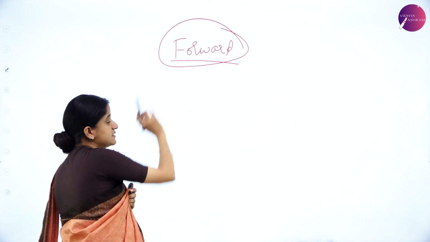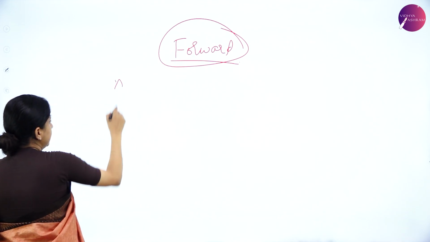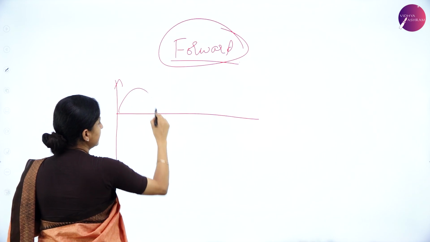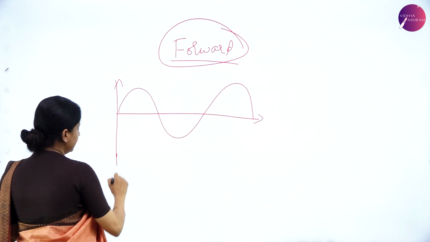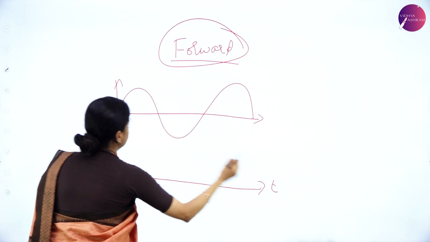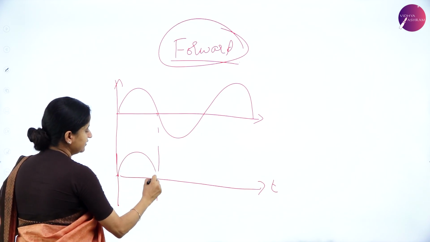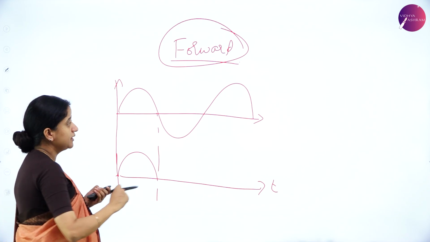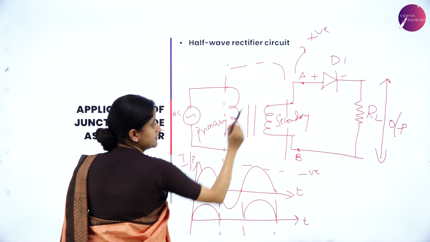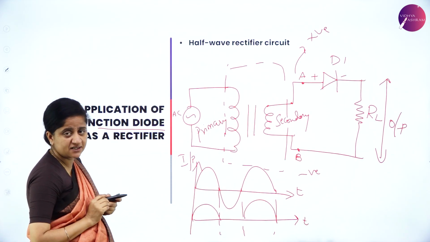So when the diode is in forward bias condition during the positive half cycle, say for example this is my input, during the first half cycle the diode conducts. Because of that, we will get an output, because A acts as positive, which means the diode is in forward biased condition.